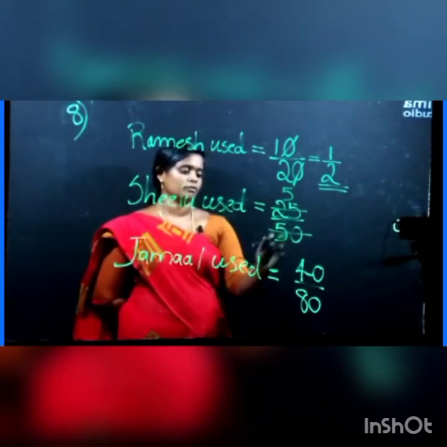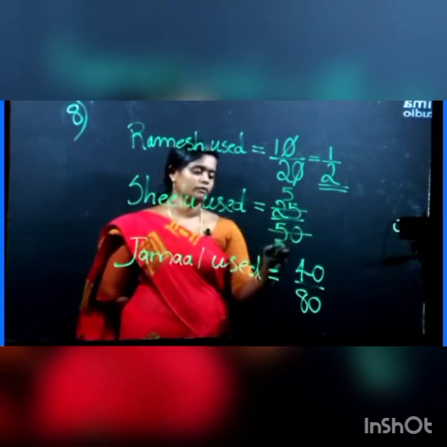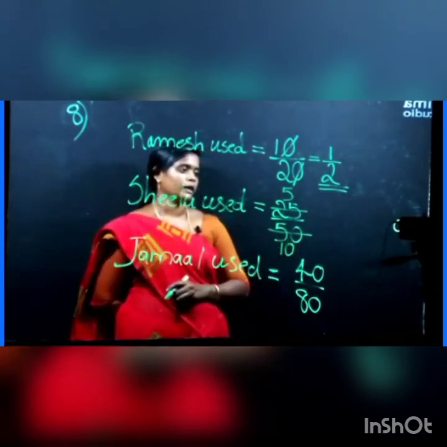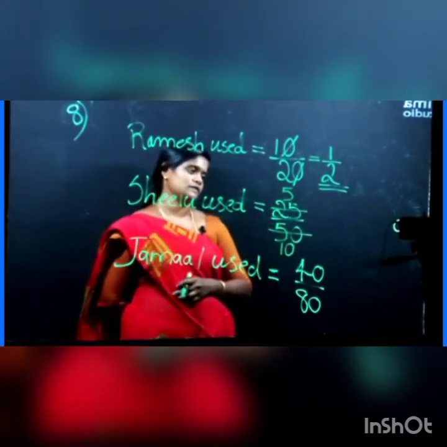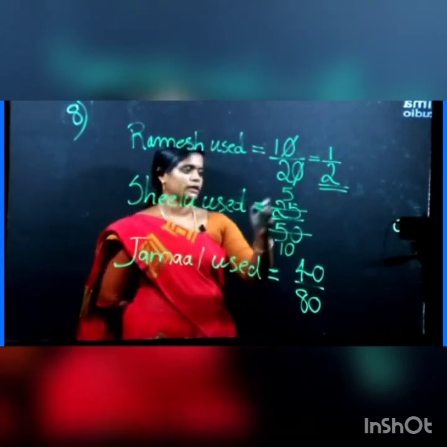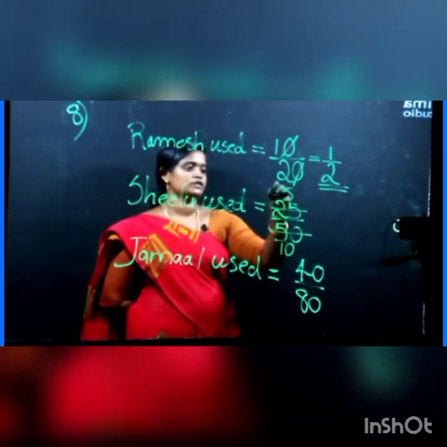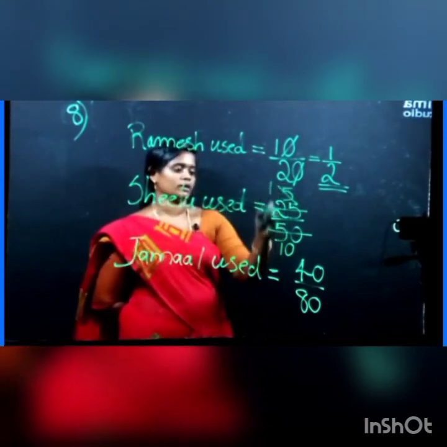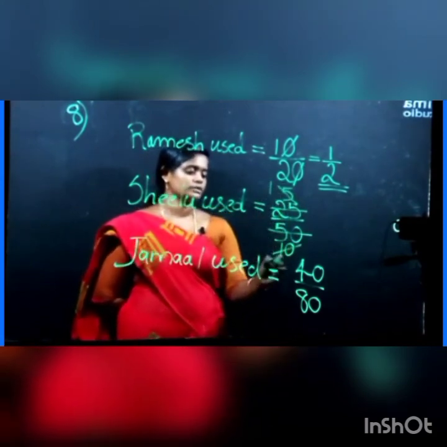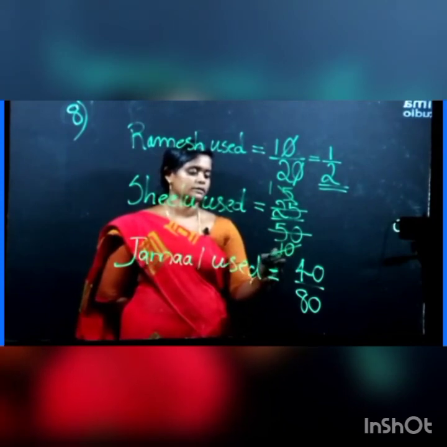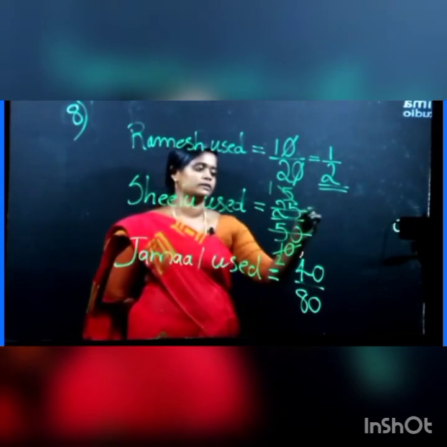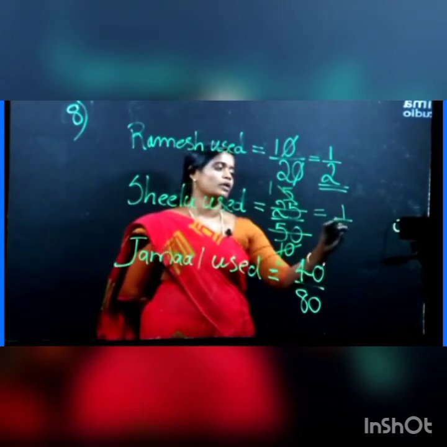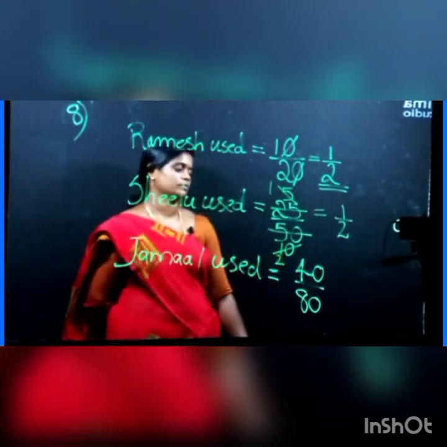First we know that 1 5 is 5, so we write 1 here, then write 0. Again these two numbers are divisible by 5, so we can cut by 5. Since 1 5 is 5, we cut this 5 and write 1. Again 5 2s are 10, we cut this 10 and write 2 here. And the fraction becomes 1 by 2.